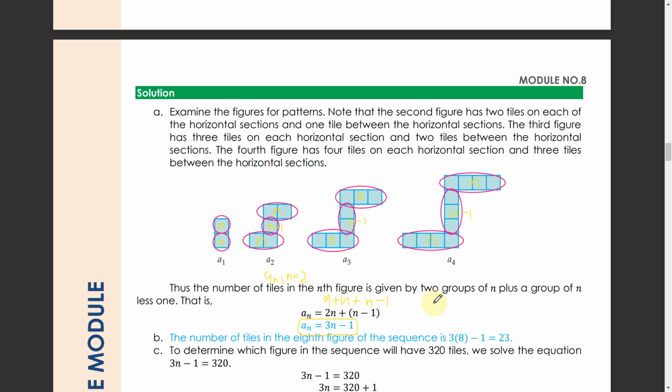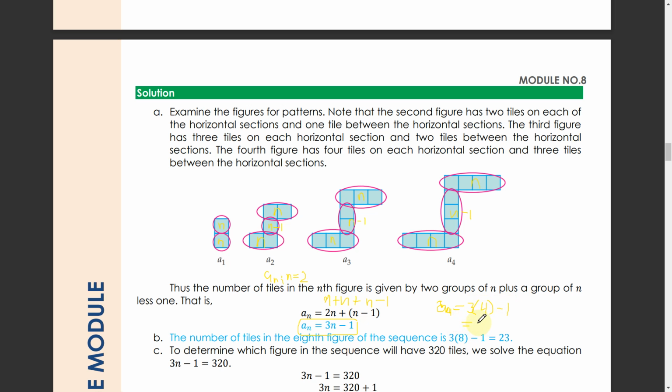So if you try to substitute 4 for n, meaning the fourth term or fourth figure, a4 is equal to 3 times 4 minus 1. Okay?